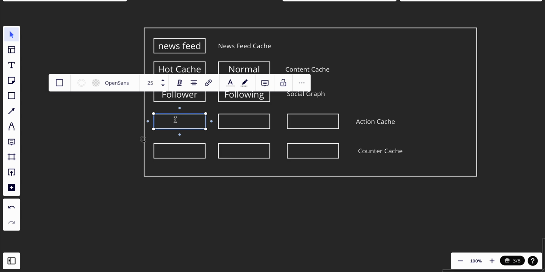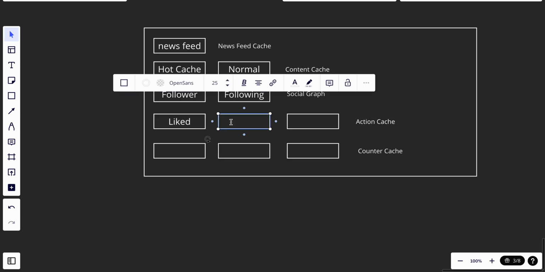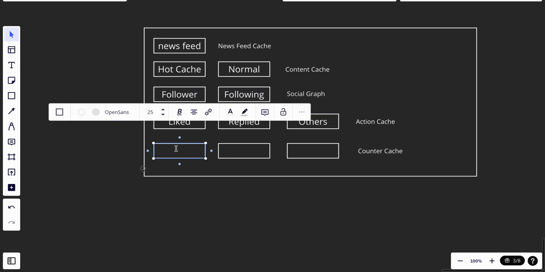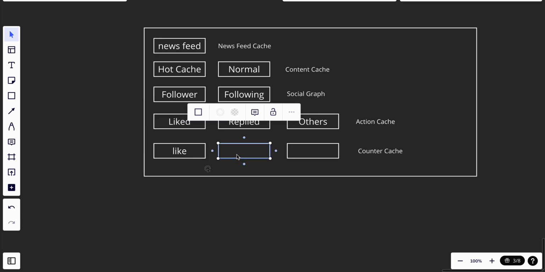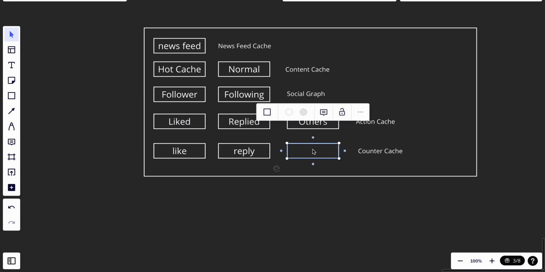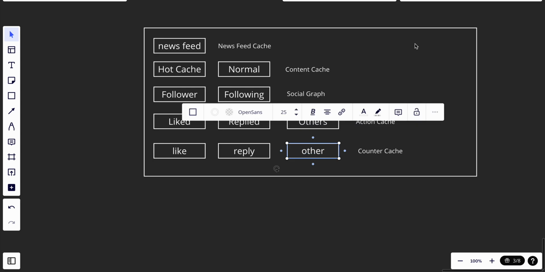And we're talking about the liked and the replied and the others. And lastly, we talk about the like counter and the reply counter and other, maybe, whatever the other would be.